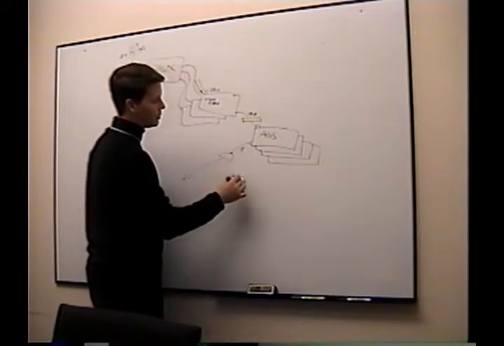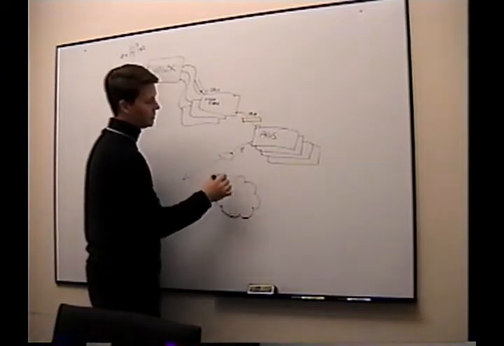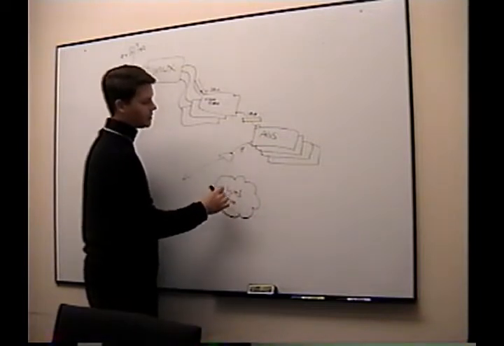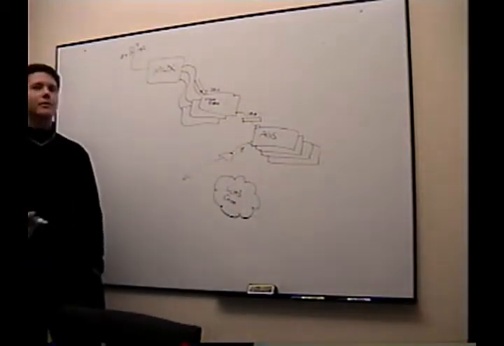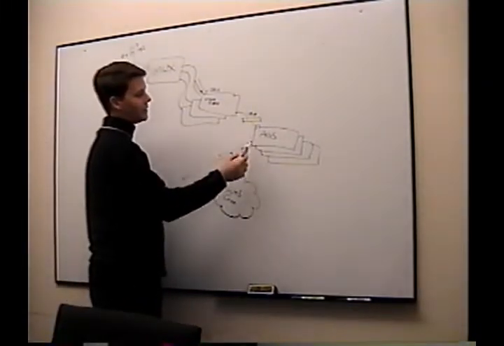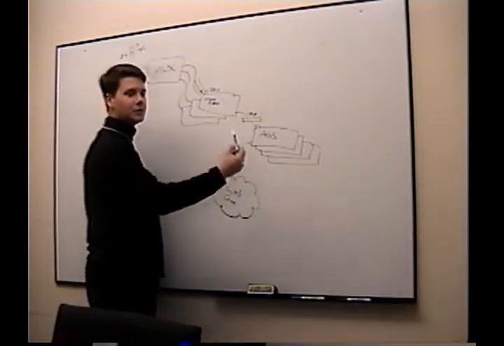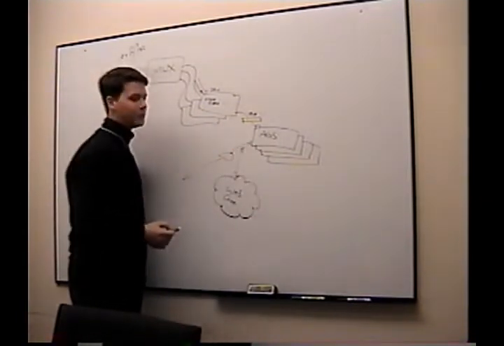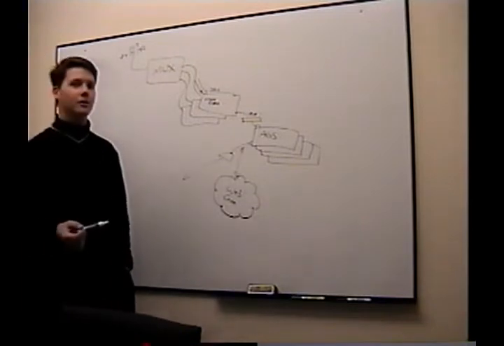I'm going to draw web core as a cloud because it's really this distributed database system that is sort of the back end of our provisioning system and our logging system and all that stuff. A call will come into an AGS when a call is received. This we call inbound, and it will talk to web core and find out where this call is supposed to be mapped to.